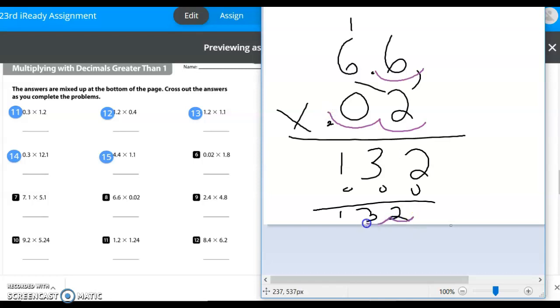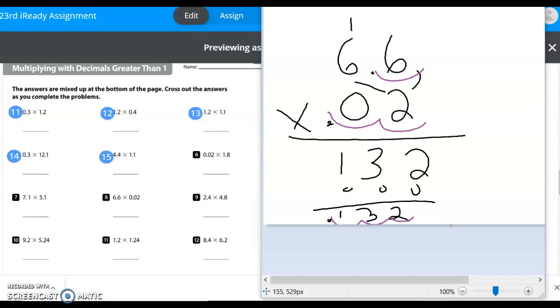And that means in my answer, I'm going to do 3 scoops, and my decimal is going to be here. So 6 and 6 tenths times 2 hundredths is 132 thousandths.